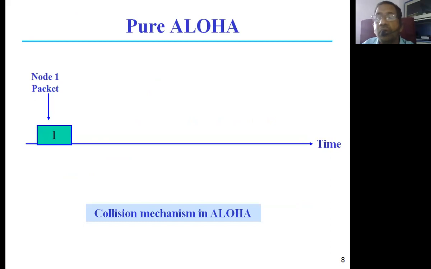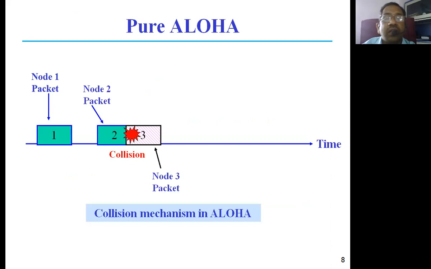Let us compare the pure Aloha contention collision mechanism and then slotted Aloha. Let us look into the pure Aloha protocol. Say node 1, or mobile station 1, has data and has transmitted. That node 1 packet has to go to some other destination node, say node 4 or node 5, via node 2.